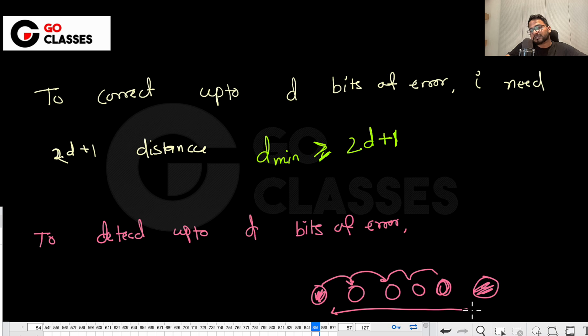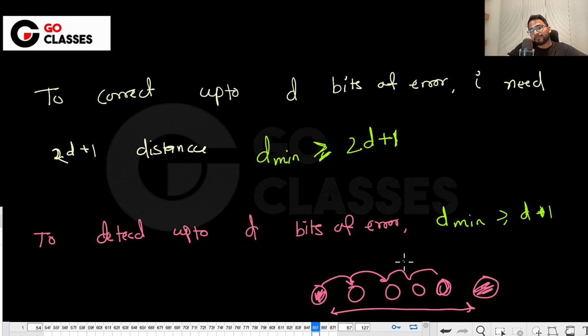So the minimum Hamming distance should be what? So 4 invalids, so the minimum Hamming distance should be d plus 1, isn't it? So to detect up to d bits of error, the minimum Hamming distance d minimum must be greater than or equal to d plus 1. Understood?